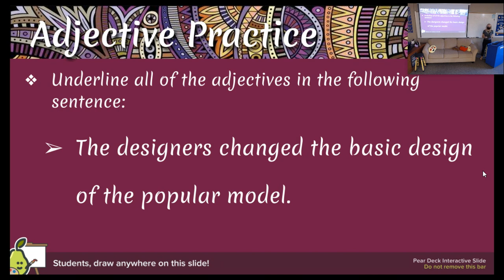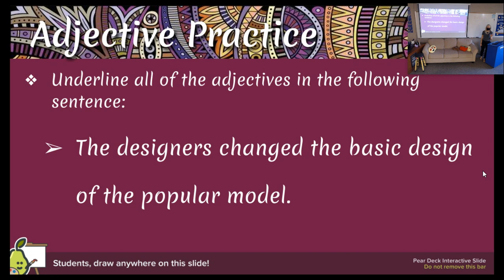Malachi? A, an, and the are our articles. So how many thes do we have in this sentence? 3. So you know that you already have 3 adjectives. Now we just have to find the other 2.